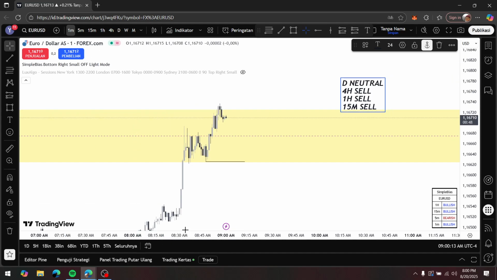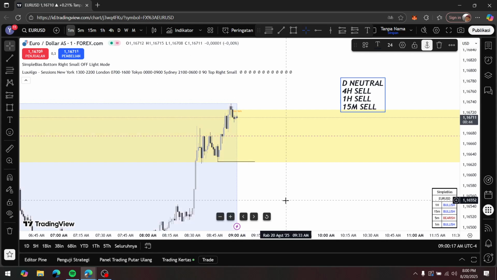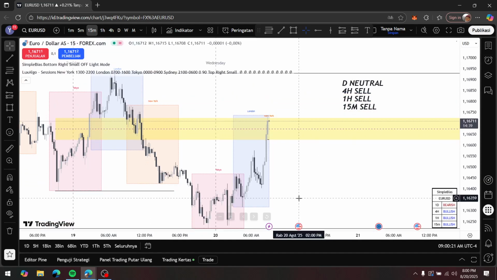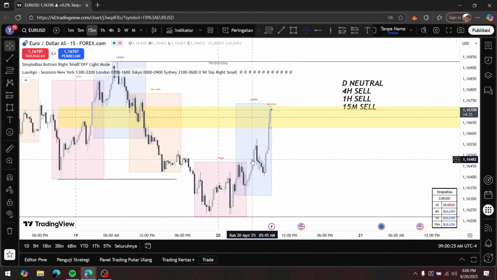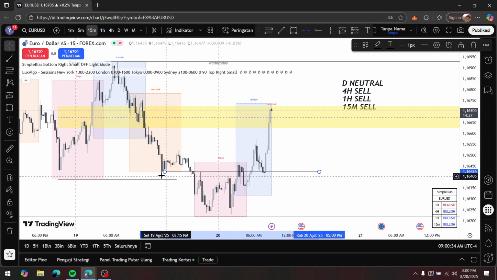For liquidity, I have many liquidity I've been using. This low session, this low session, this high session, this low session again. See, it's been used. Look at this line. It holds the prices.